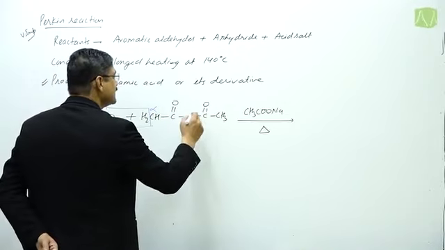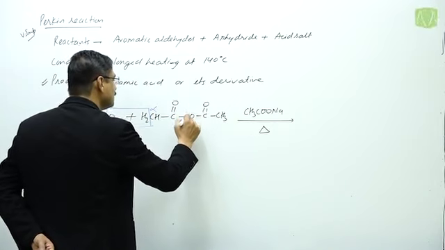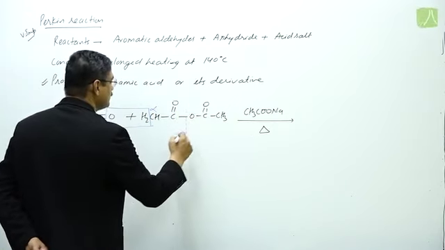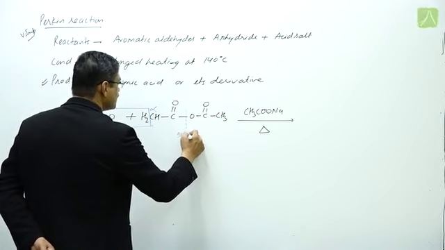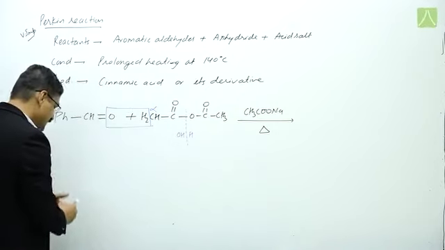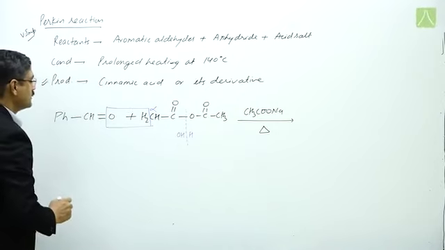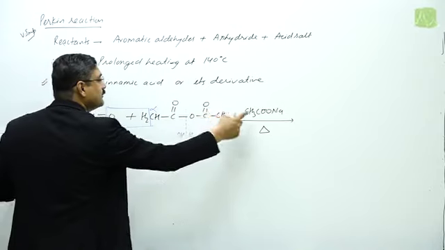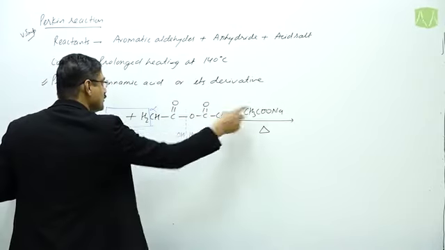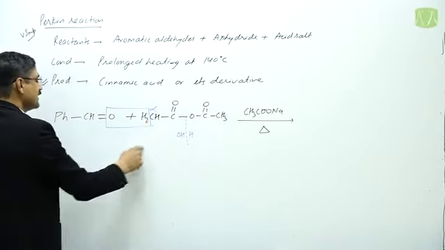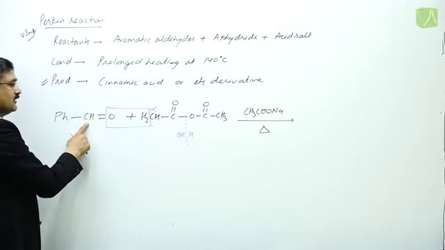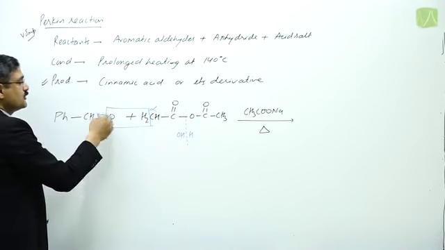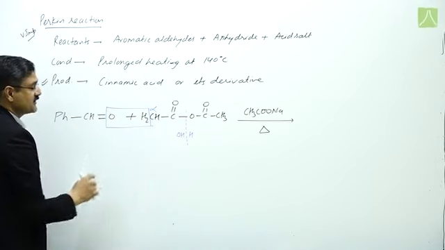Then it has a leaving group. So again break the leaving group and add the same water molecule in this reaction. So I repeat the procedure. Aromatic aldehydes plus anhydride in presence of acid salt. So the acid salt removes the alpha H, then it attacks the carbonyl carbon and OH is formed. Then this OH and H are removed from the reaction.